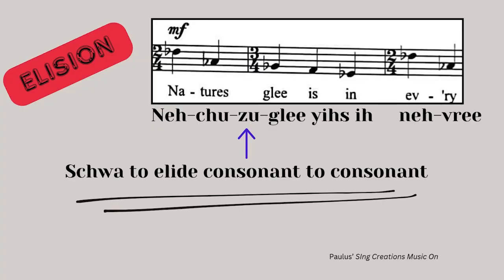In IPA it looks like an upside down E, and it's an "uh" sound. I'm going to connect the preceding vowel sound to that. So it would look like this: nature's a glee is in every.